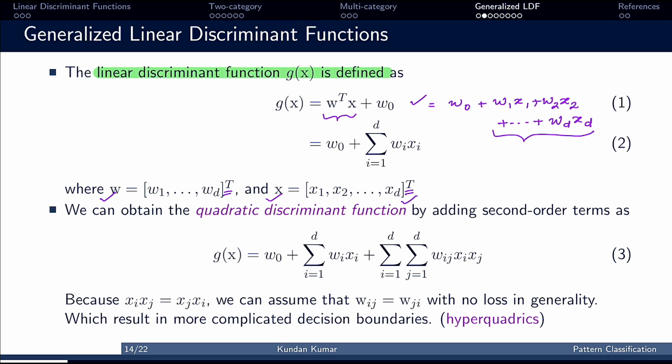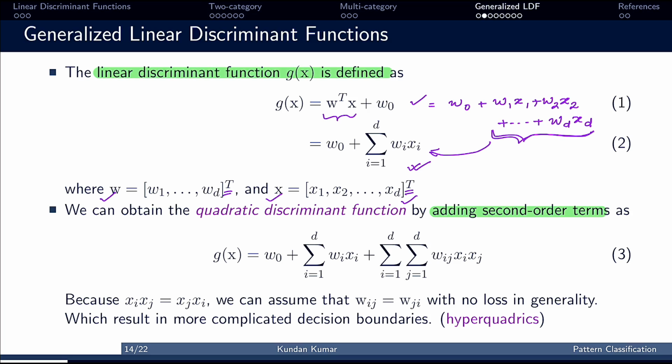So these terms we can write in the summation form. This is the final expression for the linear discriminant function that we have studied. This expression is linear in terms of the input feature vector x. Now we would like to add some higher order terms, like suppose we want to add second order terms.